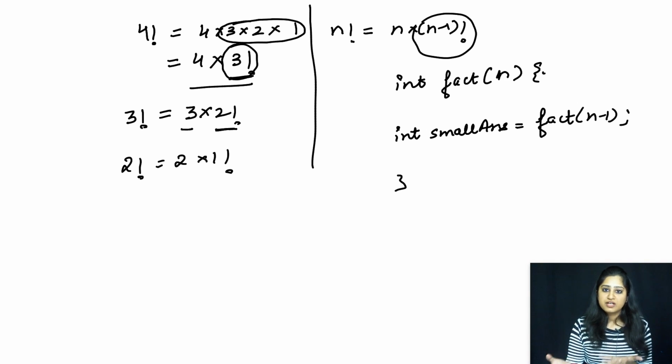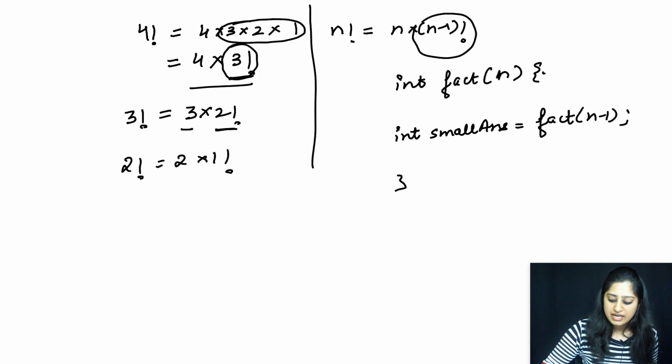So this was the function, right? The job of the function is to calculate factorial for any number. So if the target is to find out the factorial for n, and I say, hey, find out the factorial for n minus 1, it should be able to solve. So what I am doing is writing that factorial of n minus 1 is my requirement.